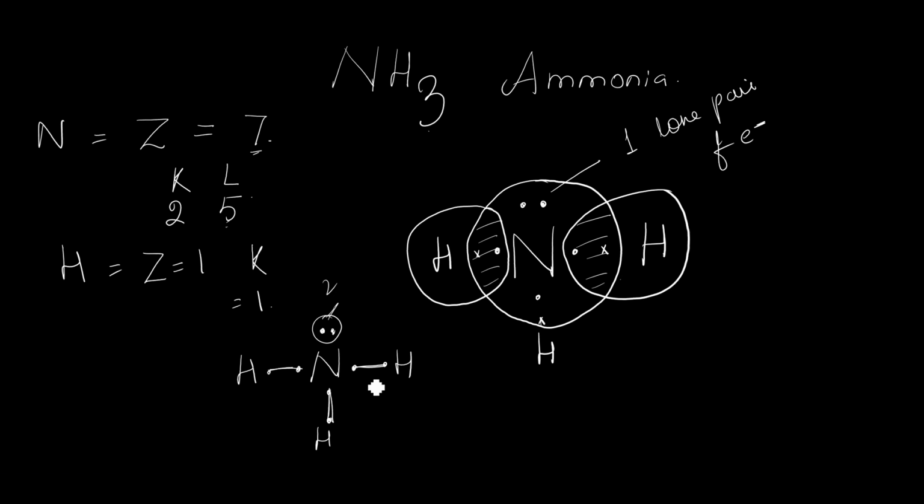That is octet electronic configuration. It has attained the inert gas electronic configuration and hence become stable. Hydrogen also has 2 electrons here, and here also 2 electrons. So hydrogen also gets the stable electronic configuration, 2 electrons in the shell. So this is the electron dot structure of the ammonia.